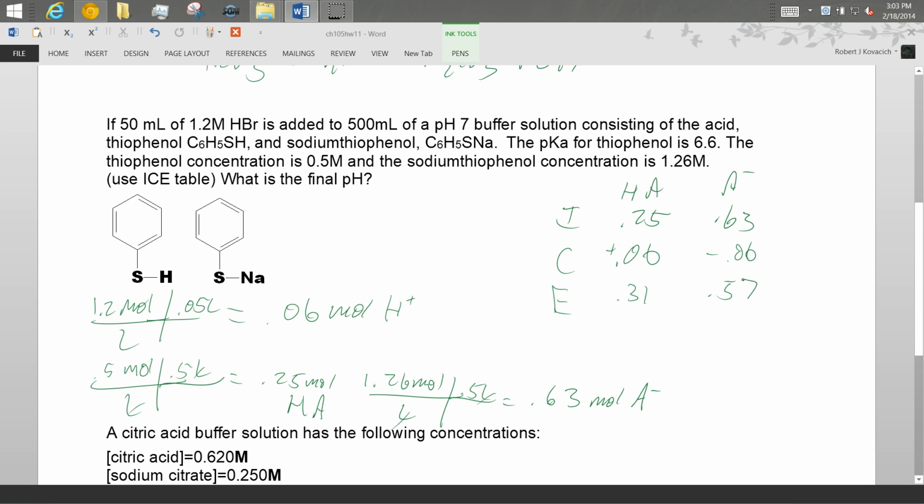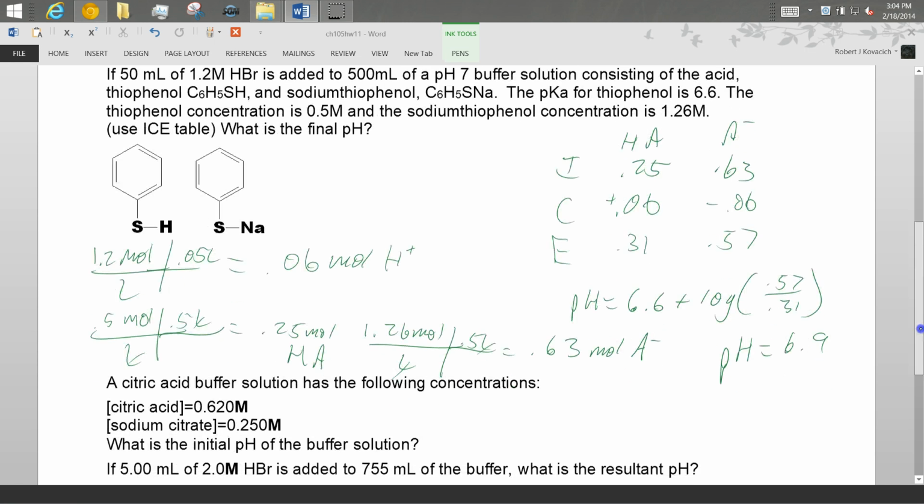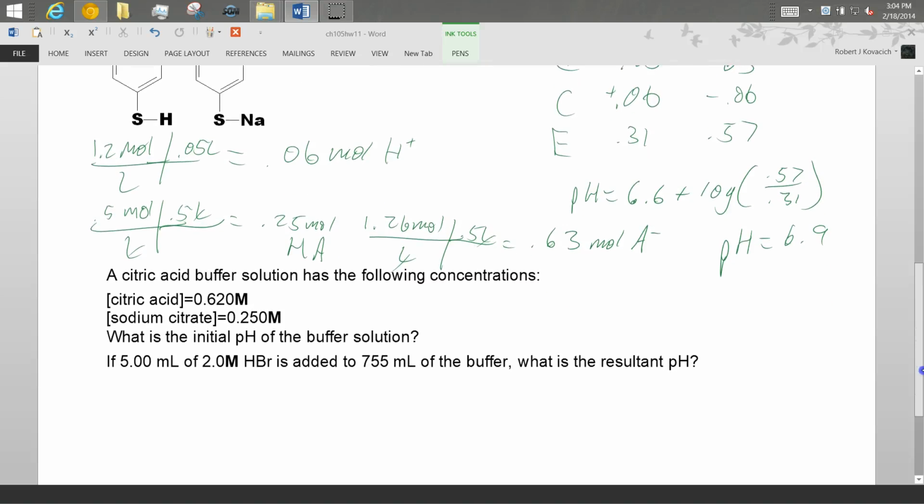And then I need to calculate out the pH now after this change has occurred. So pH is equal to 6.6 plus log of 0.57 divided by 0.31. And do we have a pH there? 6.86? So 6.9? Did this change very much? Did the buffer do its job? Yep. How much do you think it would have changed pure water's pH? Probably 5 or 6 orders of magnitude.